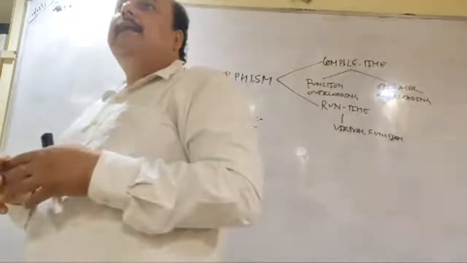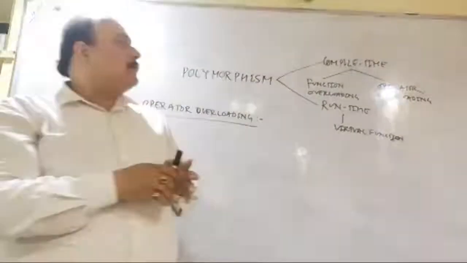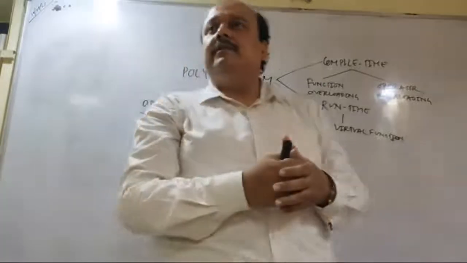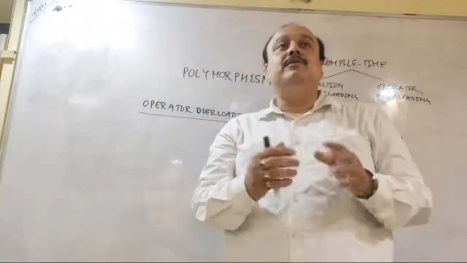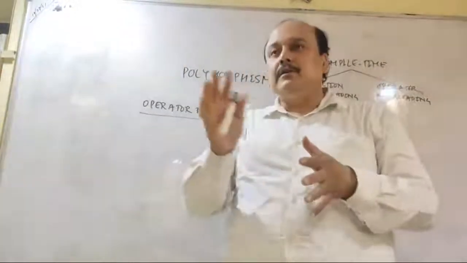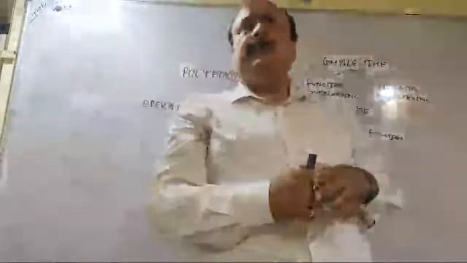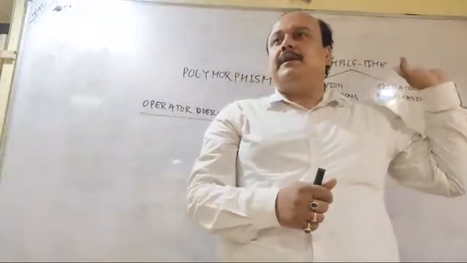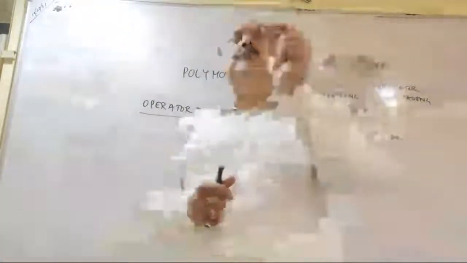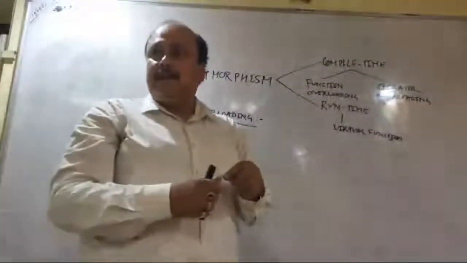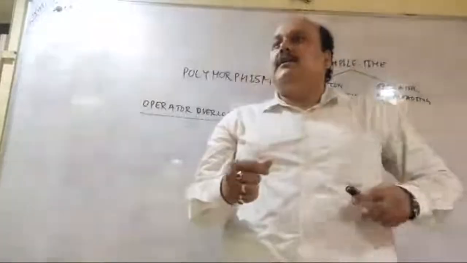But what is the major problem in function overloading? What do you think? What is the major problem and how is this problem sorted out in C++? Later on we will discuss templates also. So what is the major problem here? You have to mention each and every function in your program according to the user.